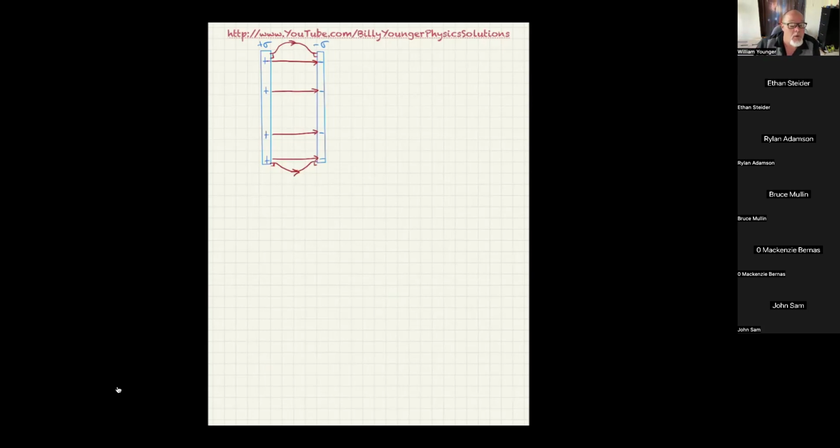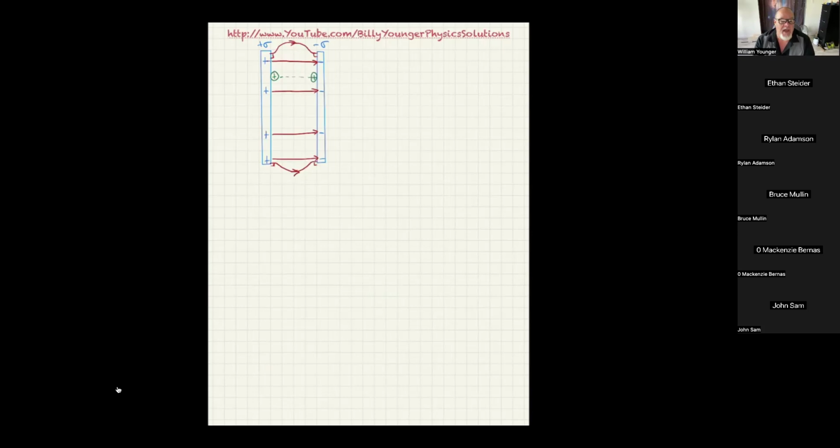Now, check this out. We're going to imagine a positive charge right there. And a positive charge, if we imagine moving it over to here, then we'll get a positive charge over here. Now, this is a positive charge next to a positive plate.